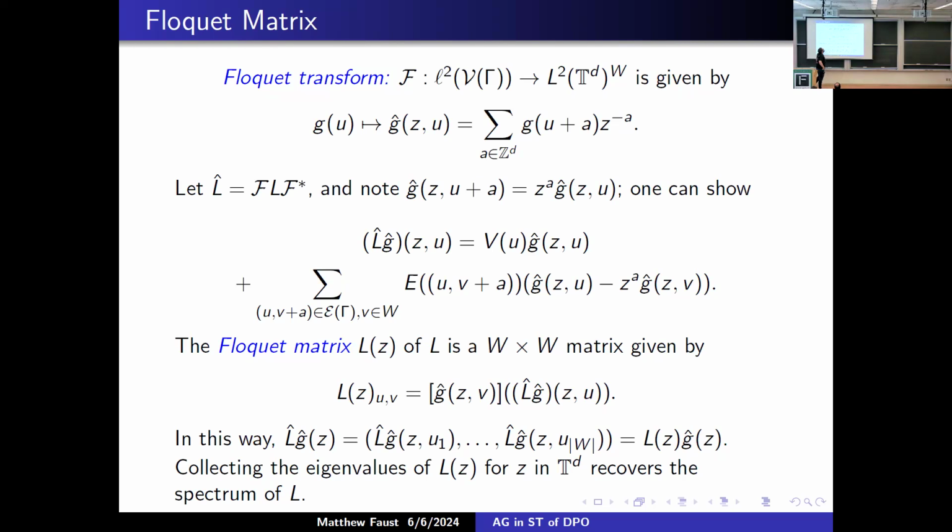The W there just shows that we have a W-many vector of square integrable functions on the d-dimensional torus.